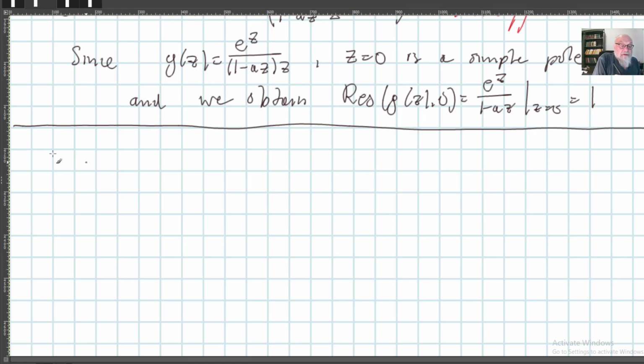Okay, I remember. Okay, example number 3. Compute the following integral.